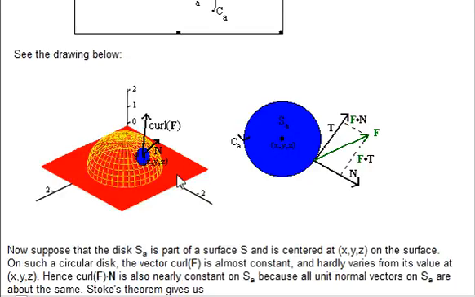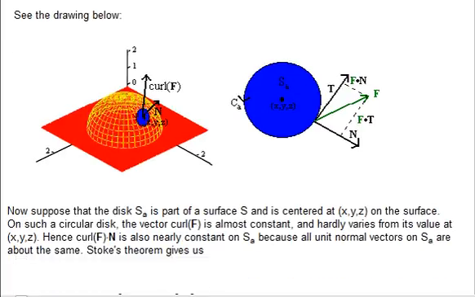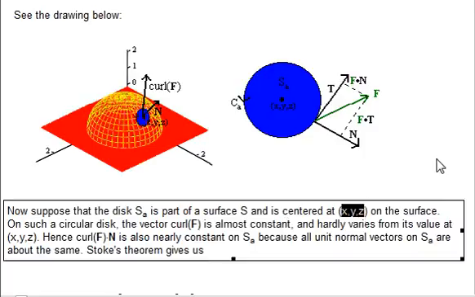The curl of F, well, here's our vector F. Here's the tangential component of F. Here's the normal component of F. When you dot, you should get those. And so this is just a blow up of this picture here. So suppose that the disk S sub A is part of a surface S and is centered at XYZ on the surface.